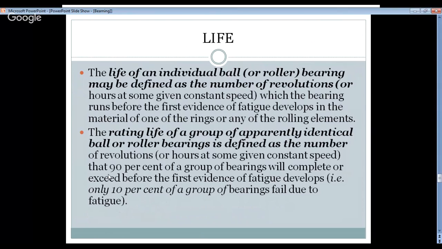Life, the next parameter. There is a typical definition of life in the case of bearings. In the manufacturer catalog, or you may say the design catalog, life is predicted in many ways.